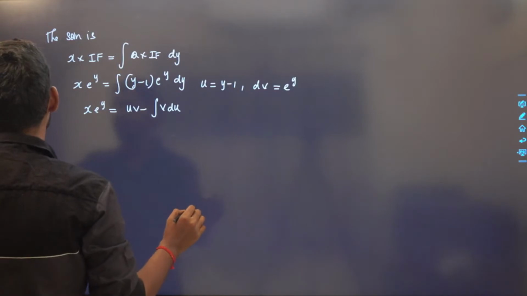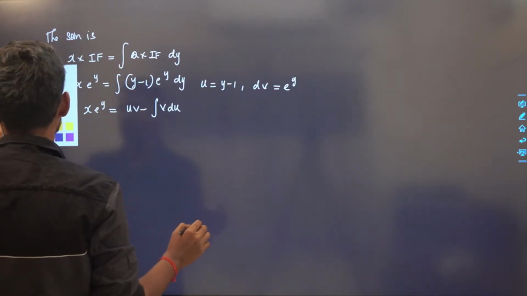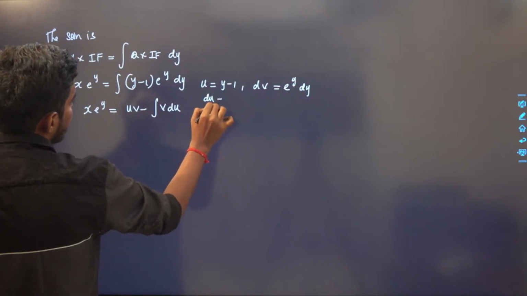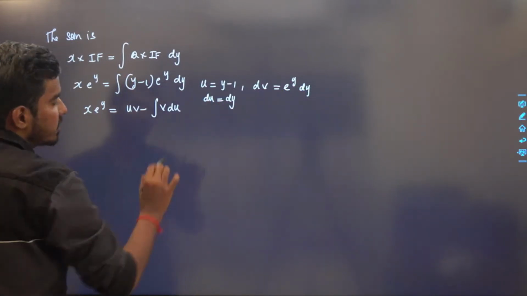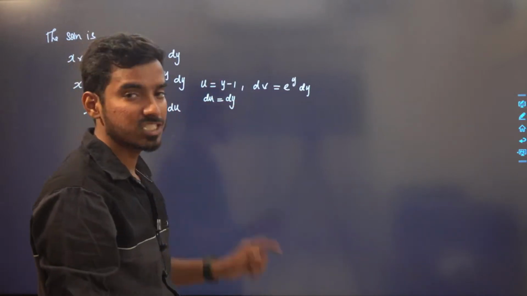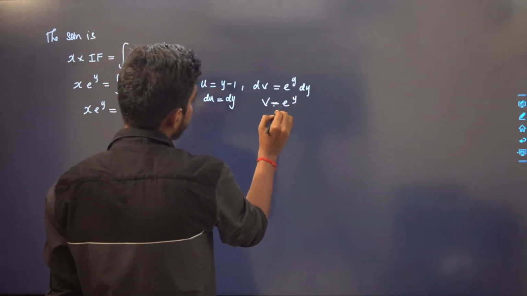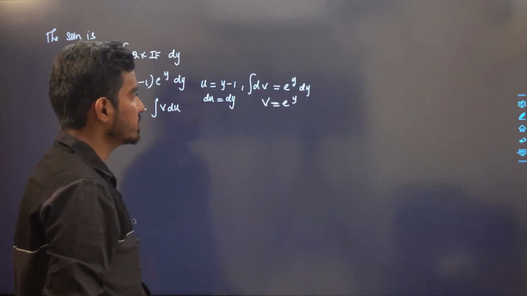Therefore du by dy is equal to 1. Here v is e power y only, right? Integrate this. So v is e power y.